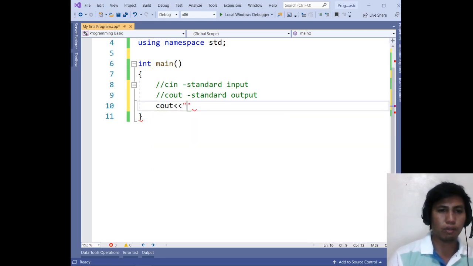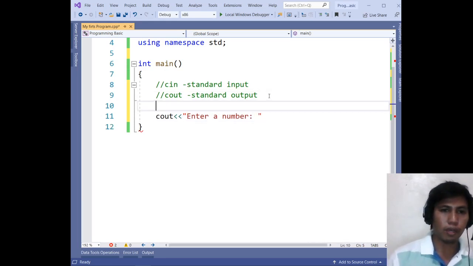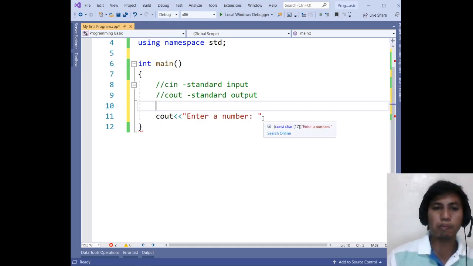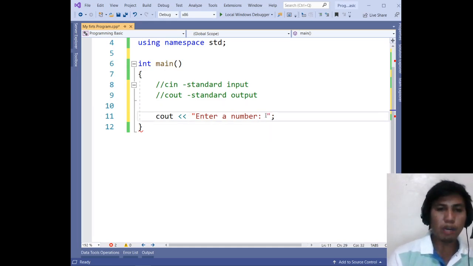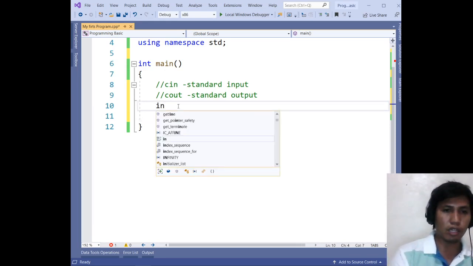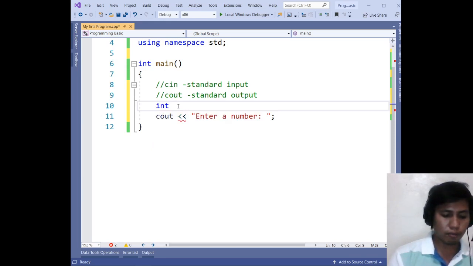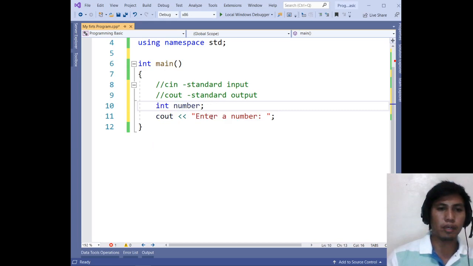So Cout, say enter a number. When we say enter a number, we are prompting the user to input something. If we are prompting the user to input something, we need a storage for the input. That is where the variable comes in. So let's declare int number.